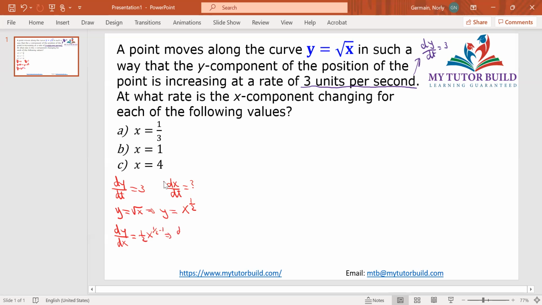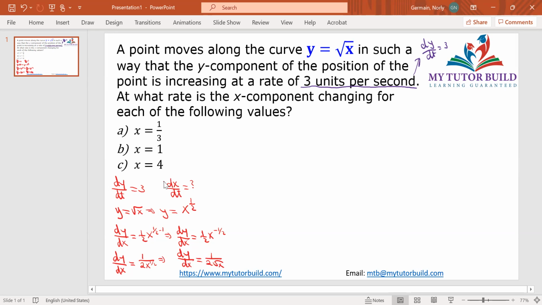So your dy/dx would simply be 1/2 x to the power -1. But remember, you should never leave your exponent negative. You end up having dy/dx equals 1/2 x to the power 1/2, and x to the power 1/2 is the square root. So dy/dx equals 1/2 square root of x.